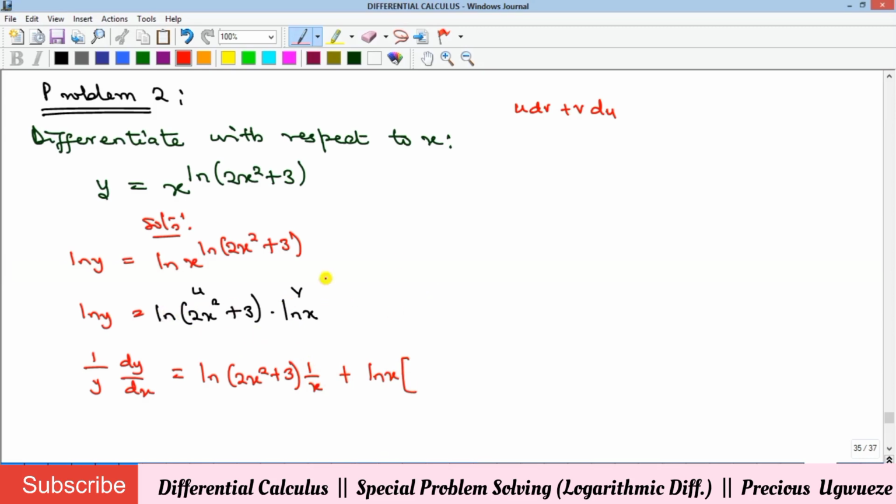And remember, to take the derivative of this, maybe we can call it h here, and that h is our ln of 2x squared plus 3.